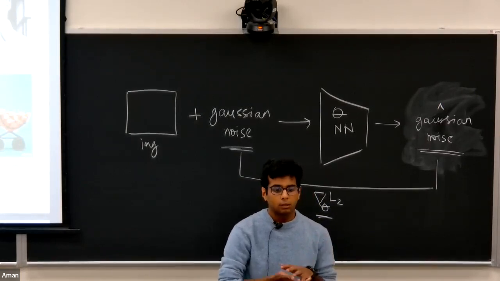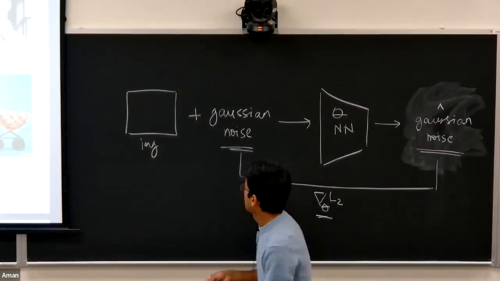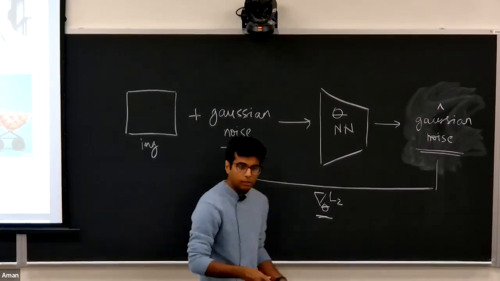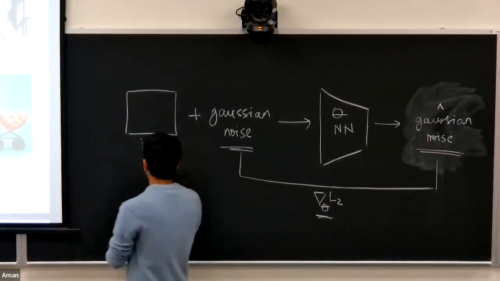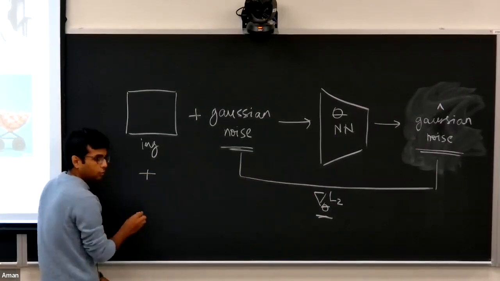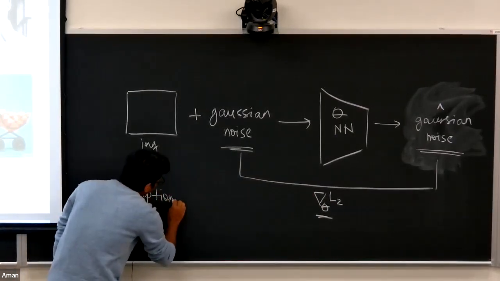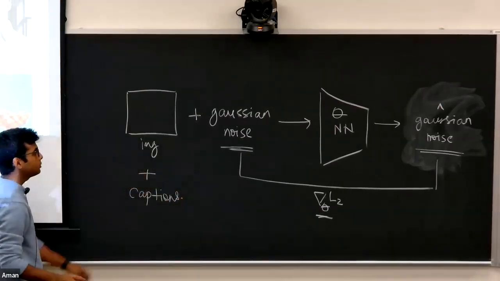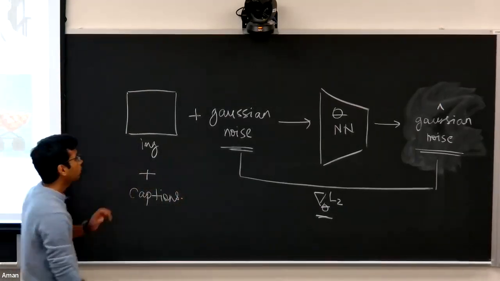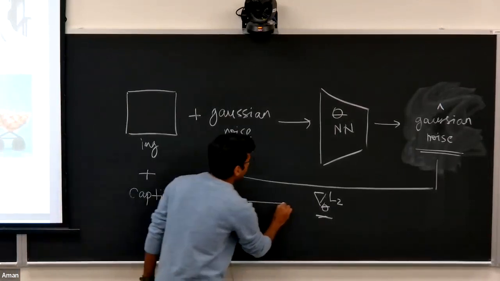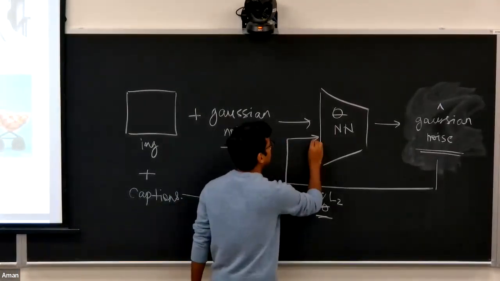So you condition the model on some textual caption, right? For this type of training, what you would then need is images and also the corresponding captions, right? And once you have these captions, you condition your neural network model also on the captions.